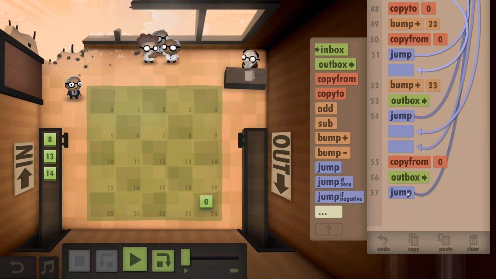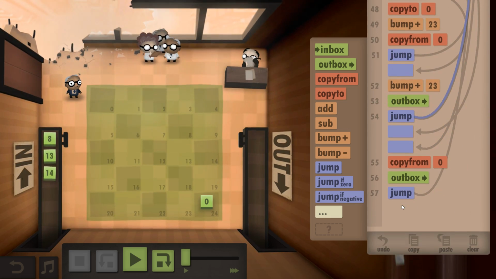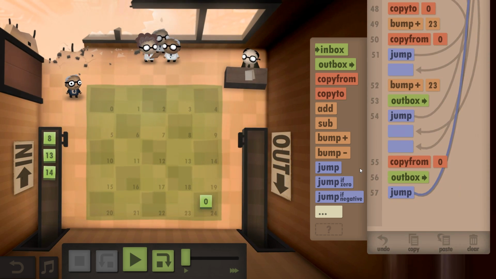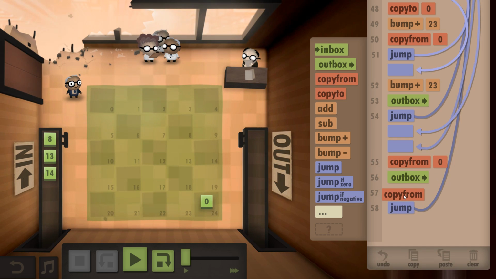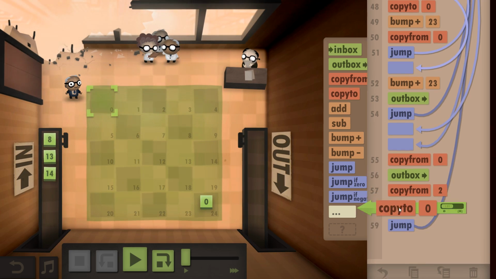And now all I need to do is reset my... This is the only jump back up, right? Yeah. So I could do it here. I'll just do it here. For now, whatever. Doesn't matter. It's not a good solution.